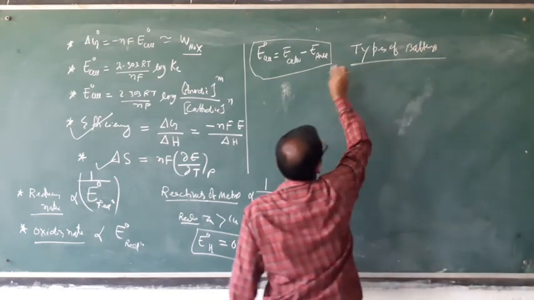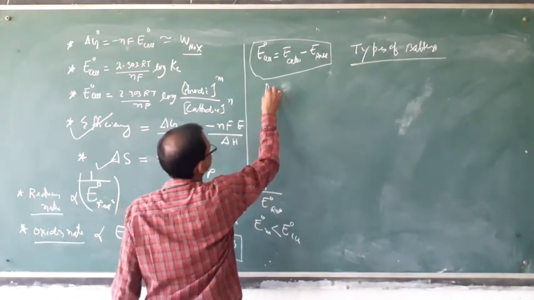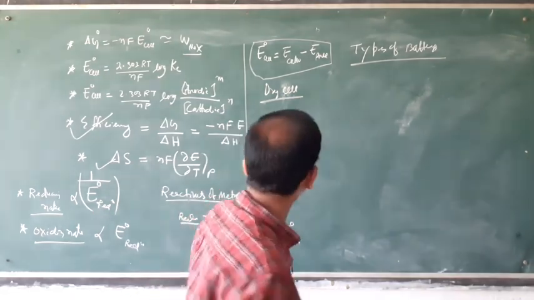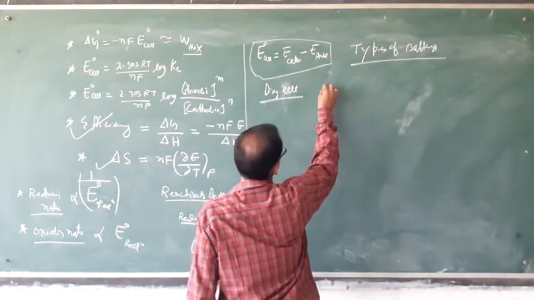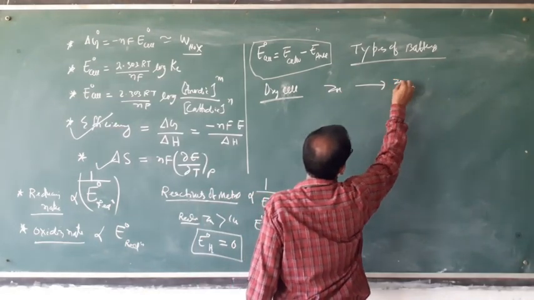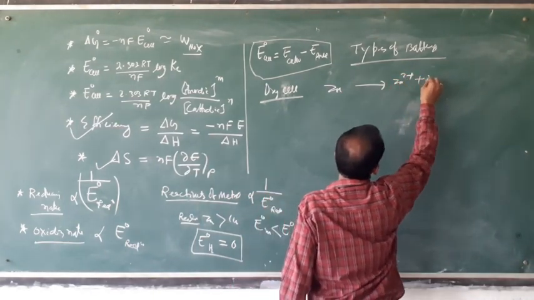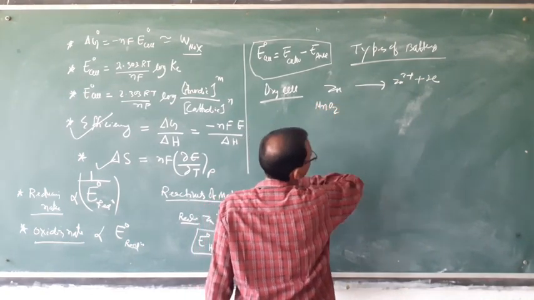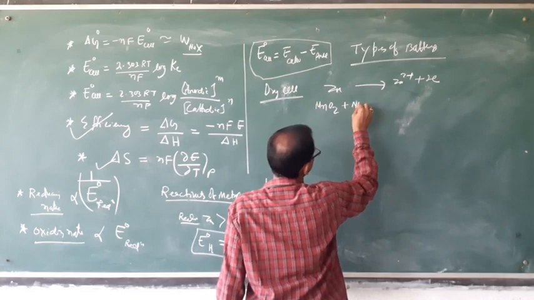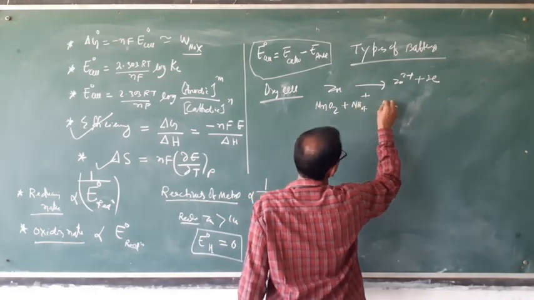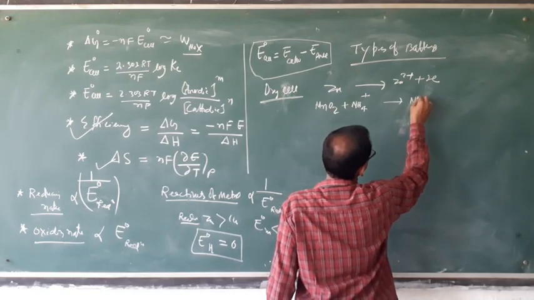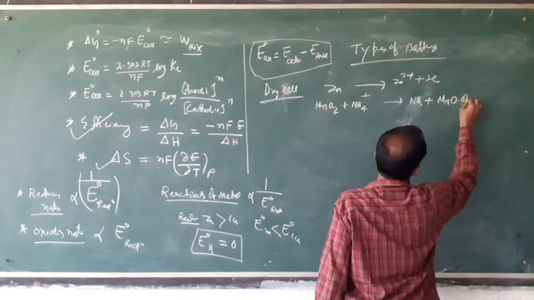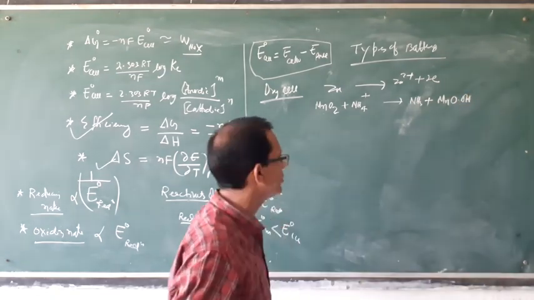Dry cell, that is also called the Leclanche cell. In the dry cell, the anode is zinc, which gets oxidized to Zn2+ and 2 electrons, and here manganese dioxide in the presence of ammonium ion gets reduced to ammonia and MnO(OH), the combination of oxide and hydroxide.